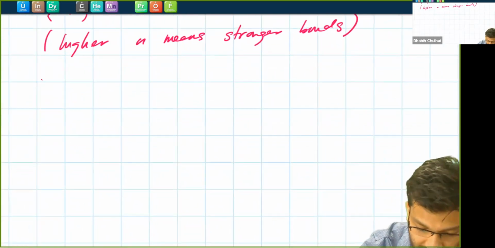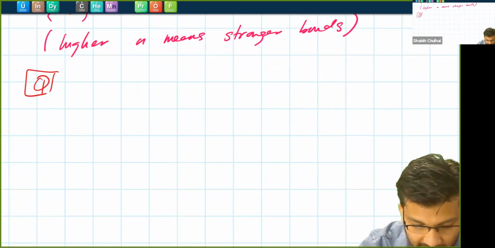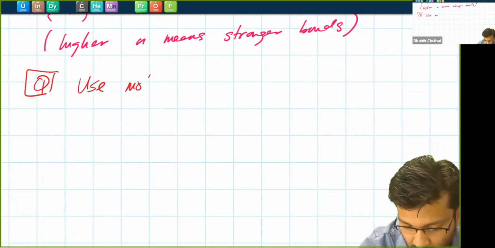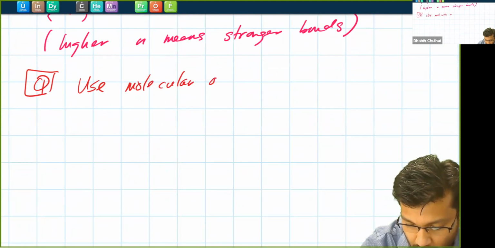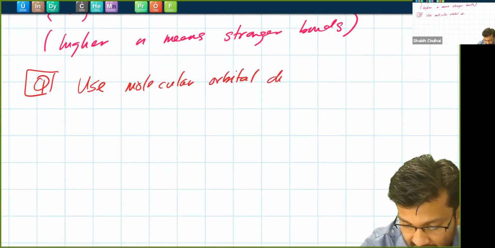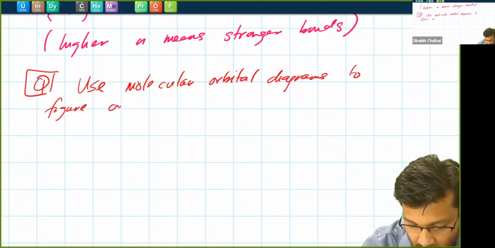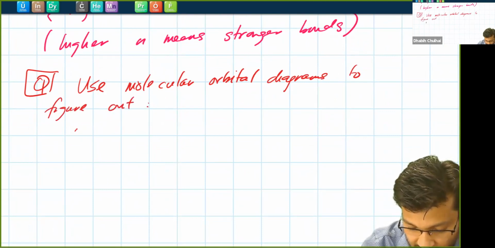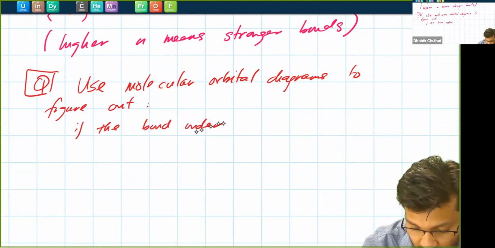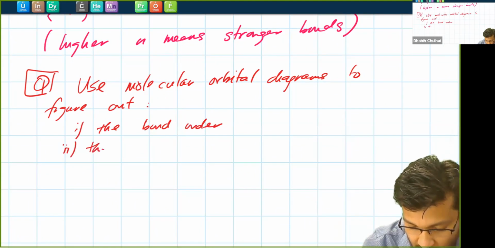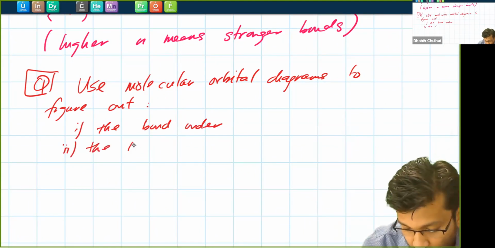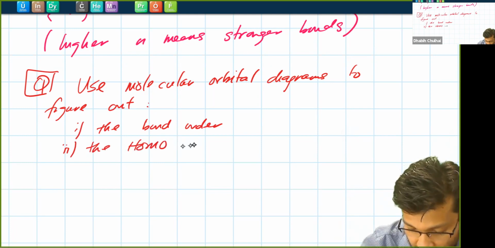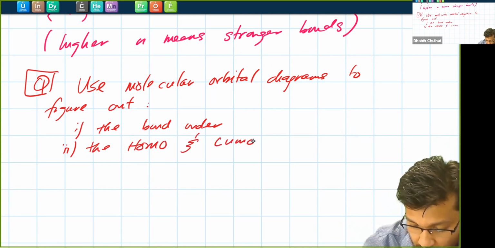So let's do this. Let's use molecular orbital diagrams to figure out a few things: the bond order, the HOMO and LUMO orbitals, basically draw them.